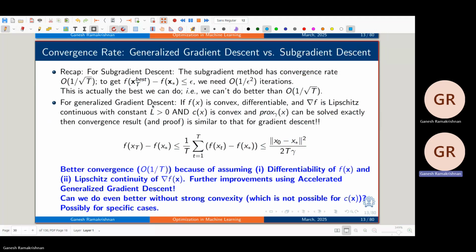The learning rate you're trying to fix. You can also possibly talk about Lipschitz smoothness of f, right? So can we do even better, without strong convexity for C obviously, but can we do, say, better with strong convexity for f, and so on?